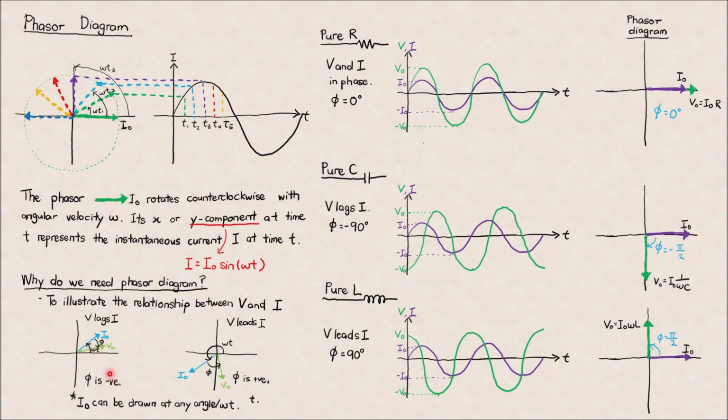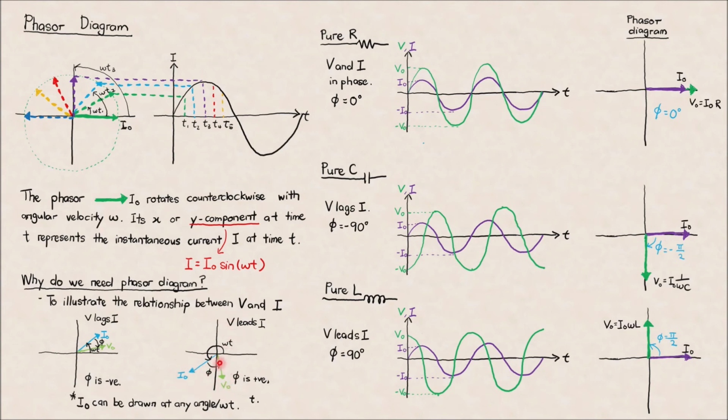Let's look at the second diagram over here. If you look at the second diagram here, I've drawn my I over here, but my V naught here is actually leading the race because you are rotating this direction. You see that V naught is actually leading I naught in the rotation. So in this case, we see that V leads I because V naught is leading I naught.